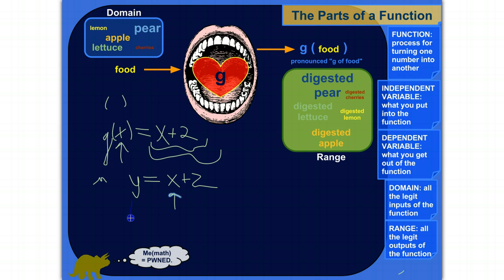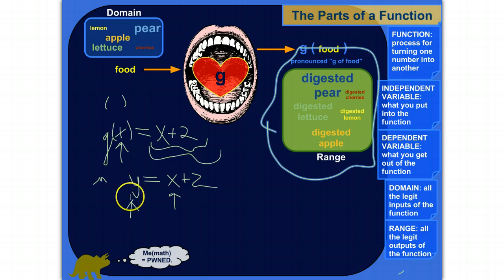And then y would be the dependent variable, or we could call y the outcome, what comes out when the function has done its job. So this is the dependent variable because it depends on whatever you put in for the independent variable. So if I put in 10 for x, 10 plus 2 is 12. So it depends on that 10, right? If I put in a trillion here, a trillion plus 2 would be a trillion and 2. y would be a trillion and 2. So this variable is depending on this variable.